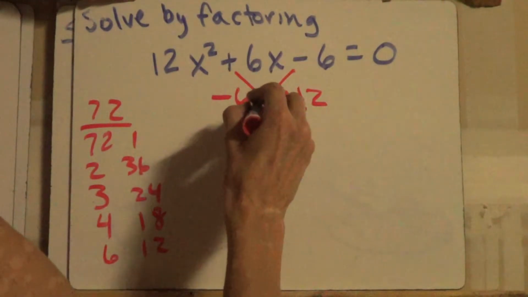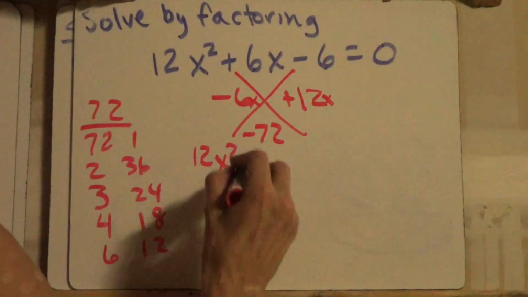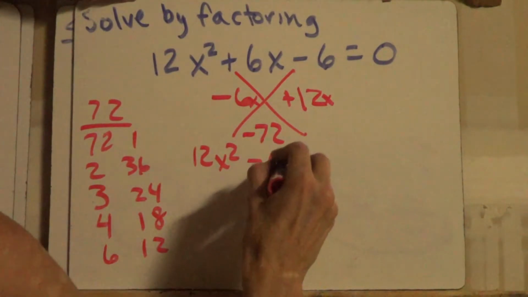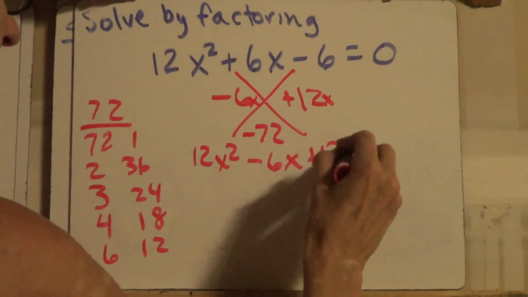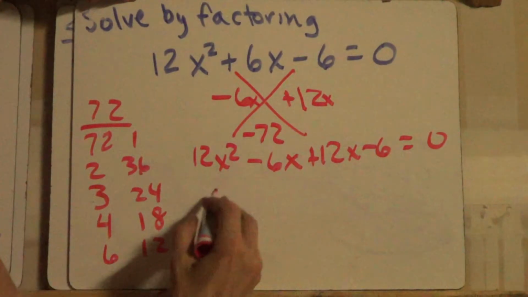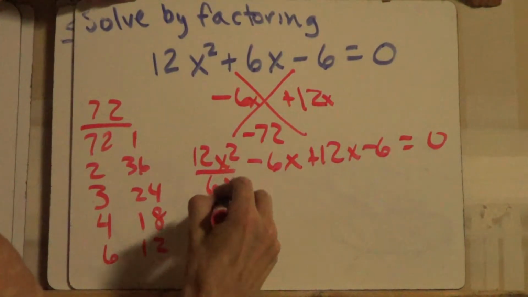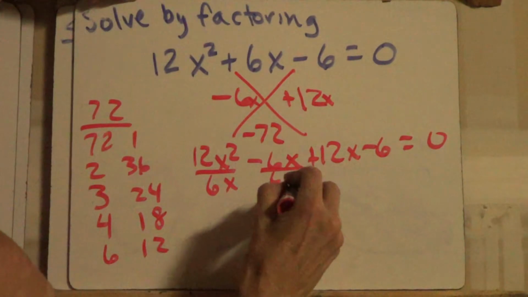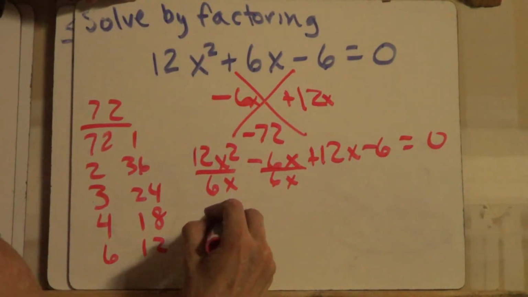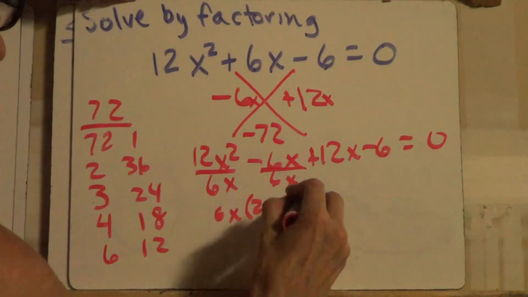Bring down that variable, x. We rewrite 12x squared minus 6x plus 12x minus 6 equals 0. Factor out of those two. We can factor out a 6x. That will equal 6x times 2x minus 1.